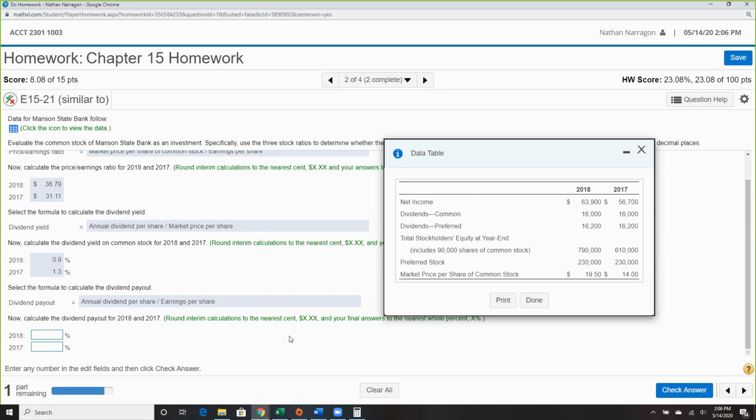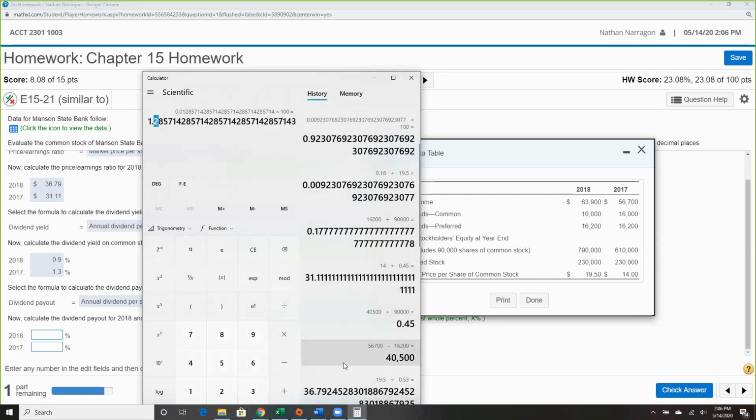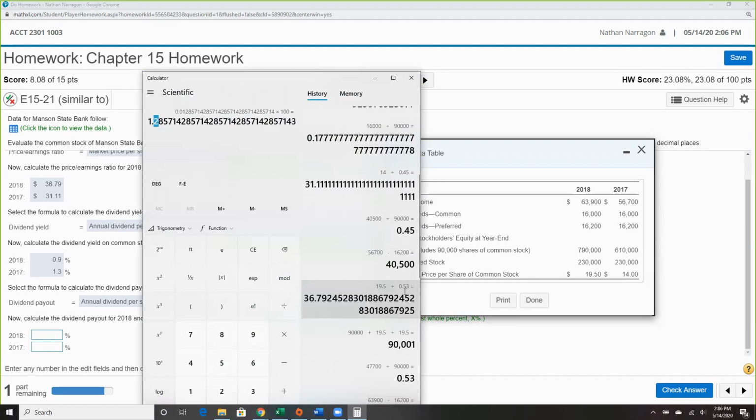So, let's go see what my calculator history has. And that looks like 17.45. Here's our 18. Again, if you're going through this, write down your earnings per share so you can look back at it and your annual dividends per share. So we have 53 cents.